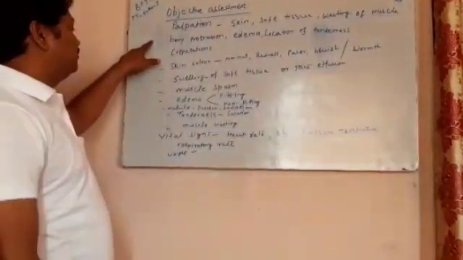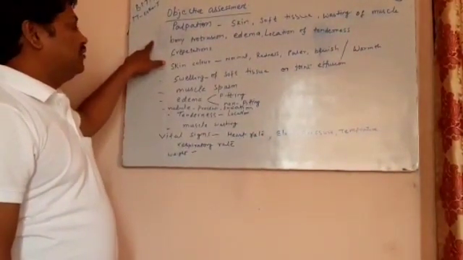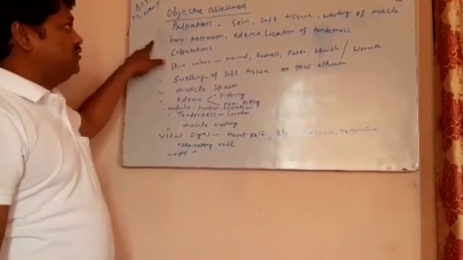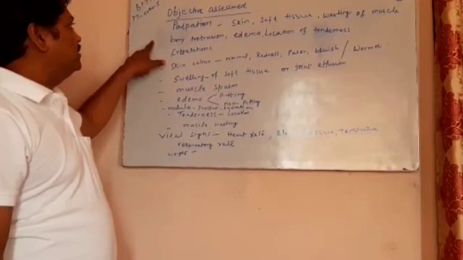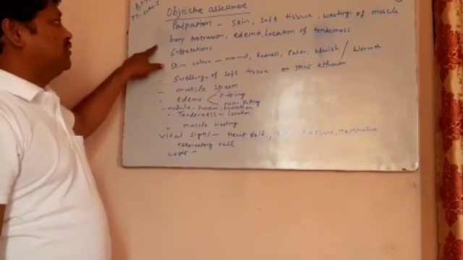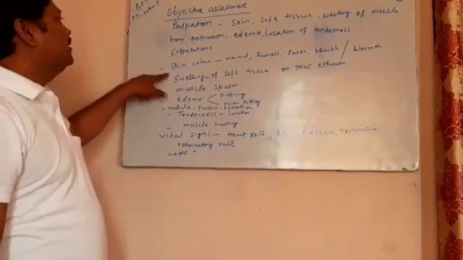Now palpation. In palpation, the clinician palpates the skin of the patient, the soft tissue, wasting of the muscle, bony protrusion if present, edema, location of tenderness, crepitations. Skin coloration.